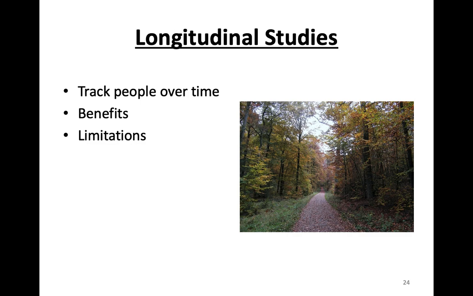The benefit is it's very useful for studying specific individuals, for being able to see how a specific person changes over their lifetime, and particularly for identifying risk factors for the development of disease. Another important benefit is we can start to get a sense of whether things like personality are stable over the lifespan. That's a fundamental question, and we'll address that later in the course.